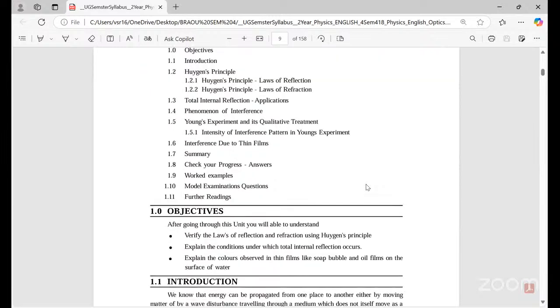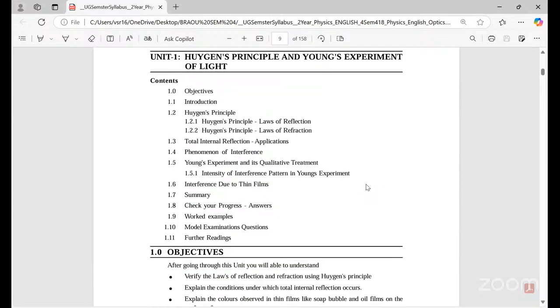What do you mean by reflection and what do you mean by refraction? Whenever two different media are there, whether air to denser or denser to rarer. Consider light entering and incident at the normal on a smooth surface. Let us consider that the denser medium is glass and the rarer medium is air.